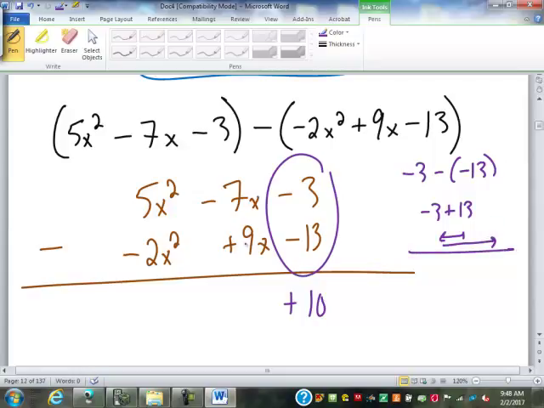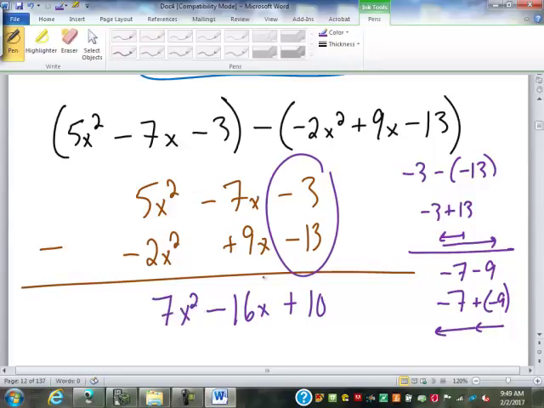Negative 7 minus 9. Negative 16x. Good. Negative 7 minus 9 is negative 7 plus a negative 9. So negative 7, negative 9 is negative 16. 5 minus negative 2.